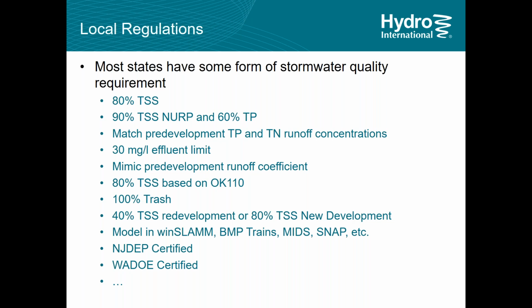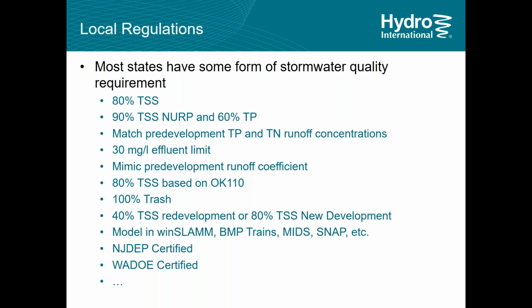In Florida, there's a program called BMP Trains. In Minnesota, there's the Minimal Impact Design Standards, which is another software model they've developed. And I think North Carolina uses the SNAP model, the Stormwater Nitrogen and Phosphorus model. So state regulators are now starting to develop tools that we must provide information for, to be able to model our systems in these tools.